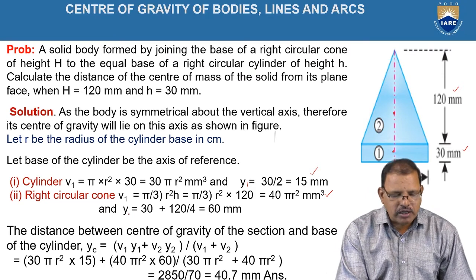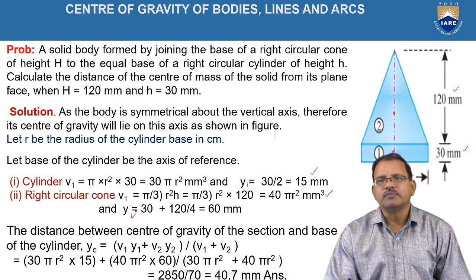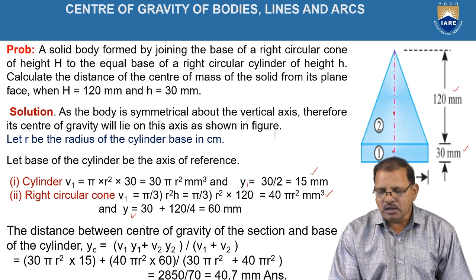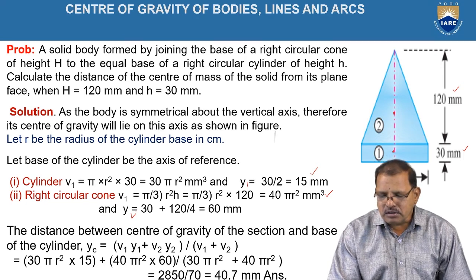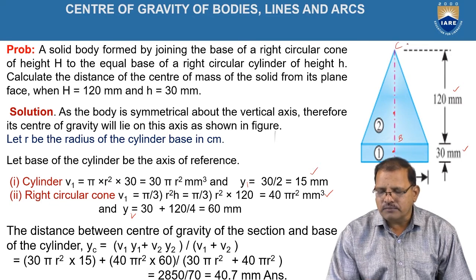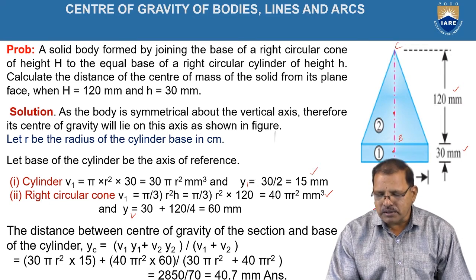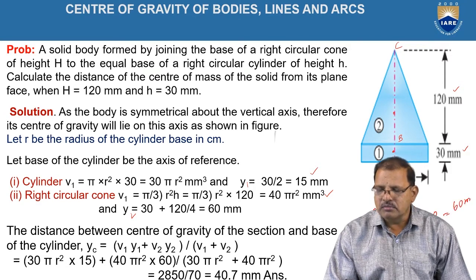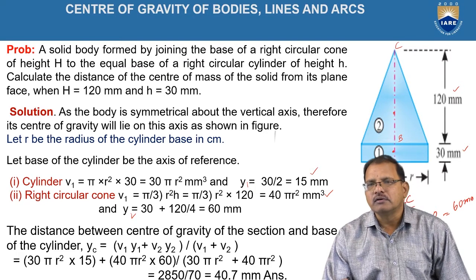And y2 is equal to, according to this figure, if it is A, B, and somewhere C, we can write it as AB plus BC by 4, which is equal to 30 mm plus 120 mm by 4, which is equal to 60 mm. This gives the value of y2.